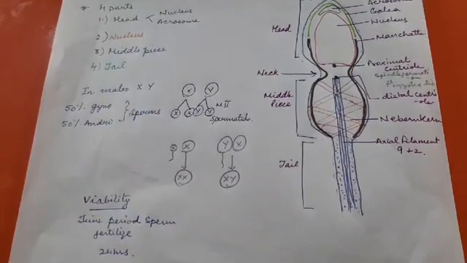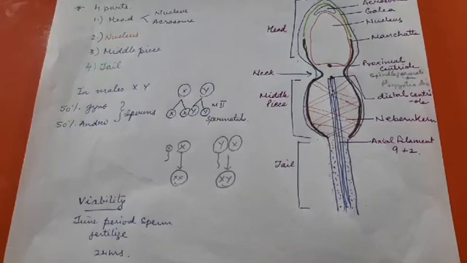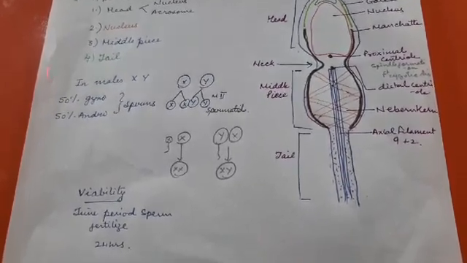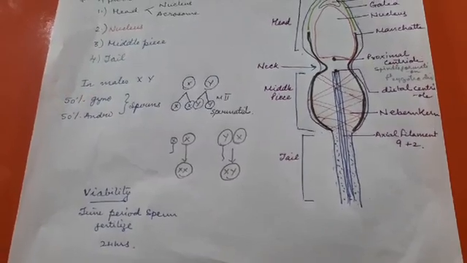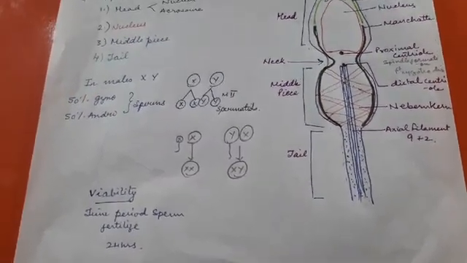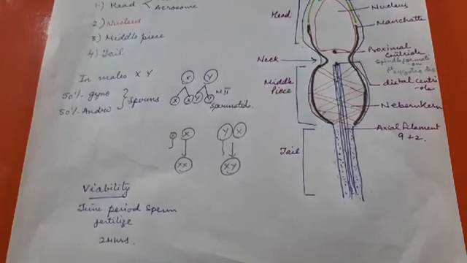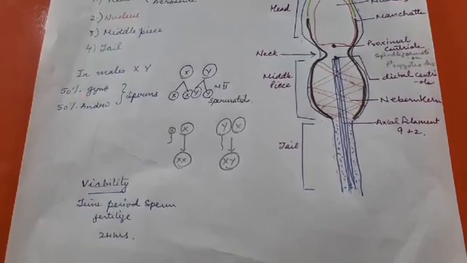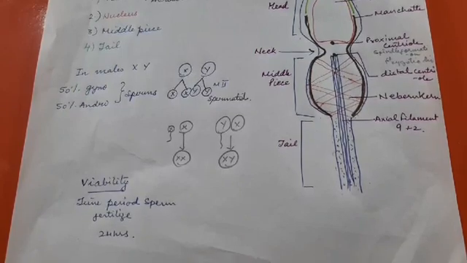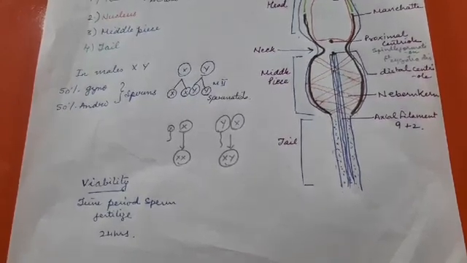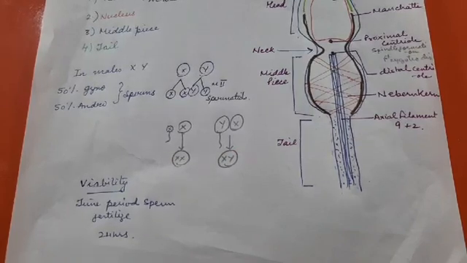X-containing are called gynosperms because the X chromosome predominantly defines the female sex, and the ones which contain Y are called androsperms. That means there would be 50% gynosperms and 50% androsperms. So the chances of which sperm is going to fertilize are 50-50.